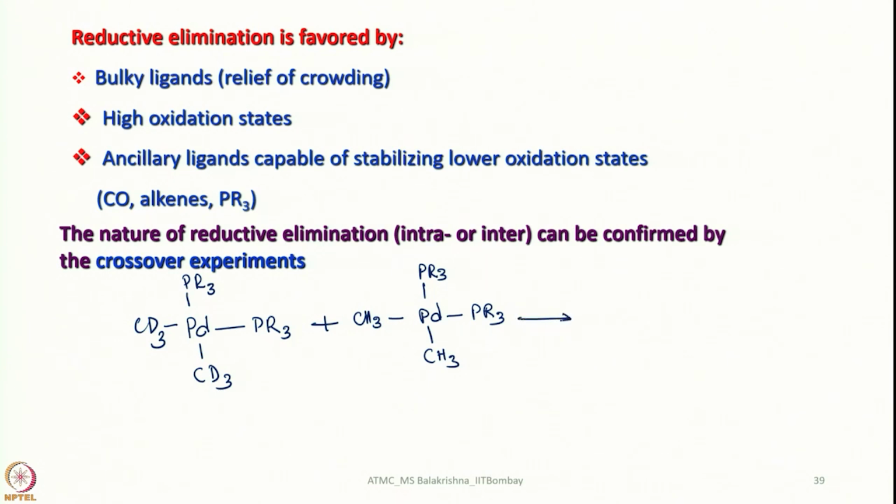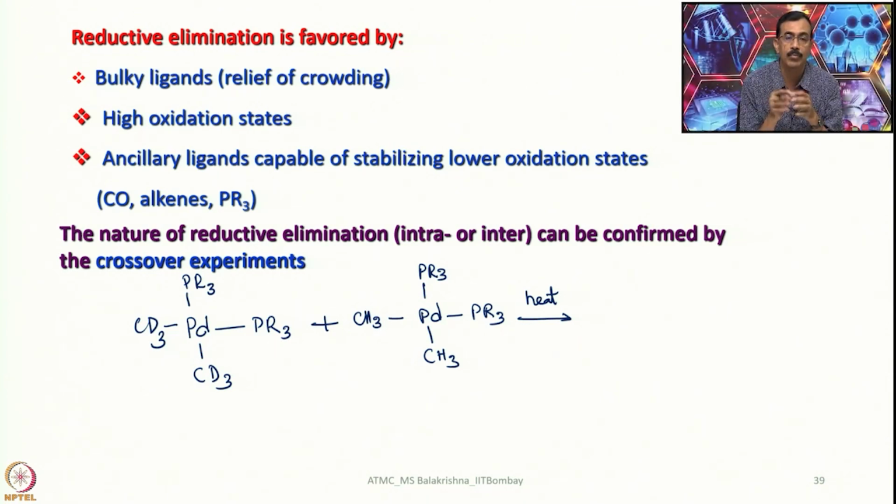So, what we will do is we will take a 1:1 mixture of these two complexes and heat it. When we heat it, let us not worry about what happens to the metal center, let us look into what kind of organic products we can get from this reaction.